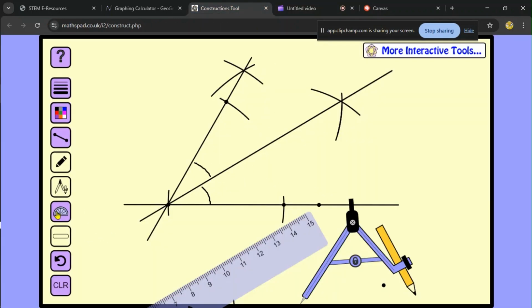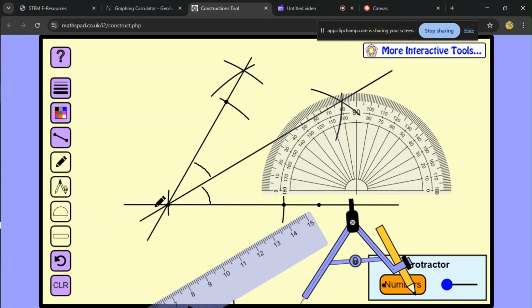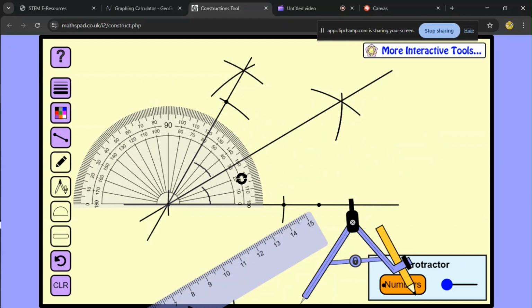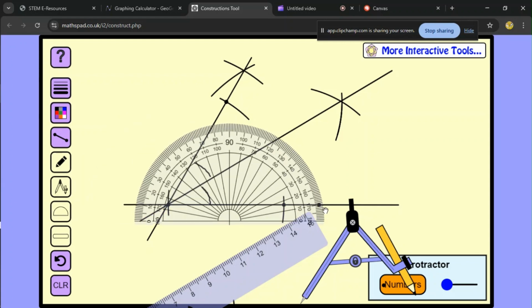Let me show whether it is true. Let me pick my protractor and try to see. Yeah, I can see exactly this is 30, and this one is also from 30 up to 60. This one is 30. So by this, I've been able to construct an angle of 30 degrees. So 30 is coming from 60. You can see mine is now 30. This is an angle of 30, and that is also an angle of 30.